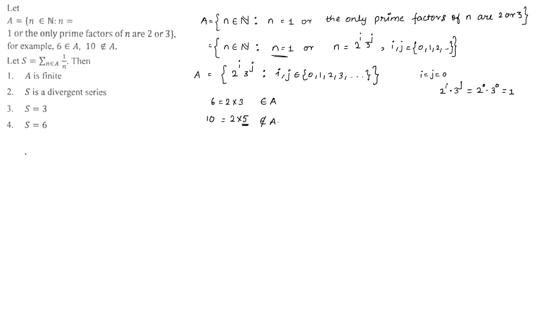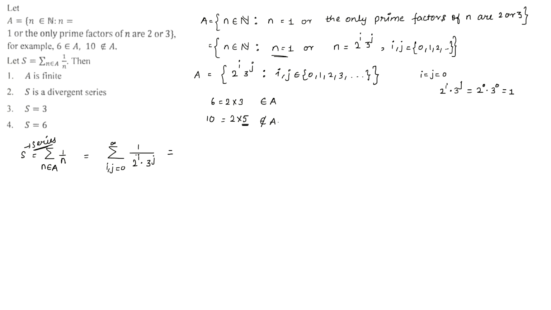Now based on this set A, a number S is defined, which is the sum over n belonging to A of 1 by n. Basically it is a series. So we can say that this series is the sum over n belonging to A of 1 by n, which is equal to the sum over i and j from 0 to infinity of 1 by 2 raised to i into 3 raised to j.